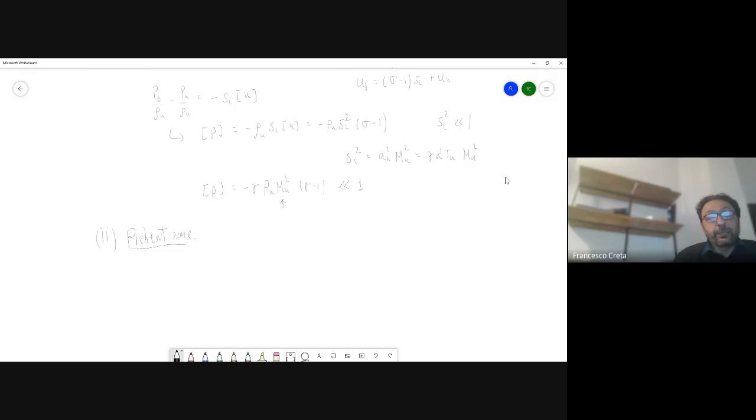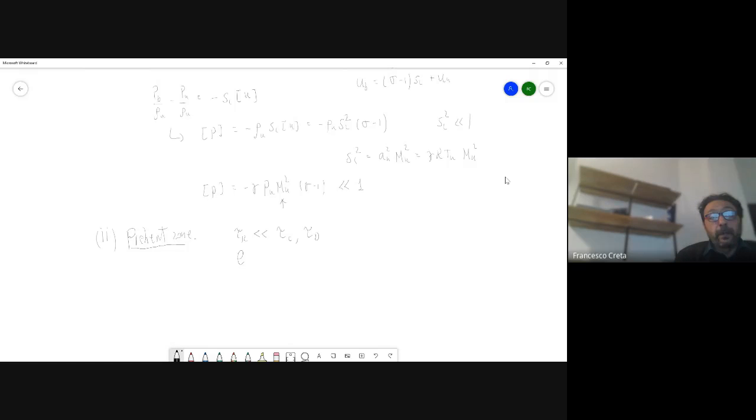So essentially the reaction time is generally much, much smaller than the convection and the diffusion time scales. This means that both diffusion and convection occur on much larger time scales.